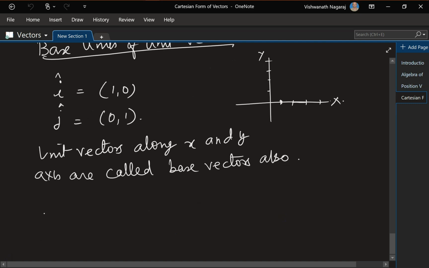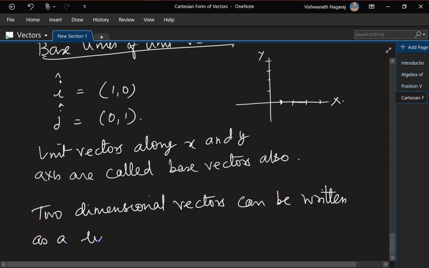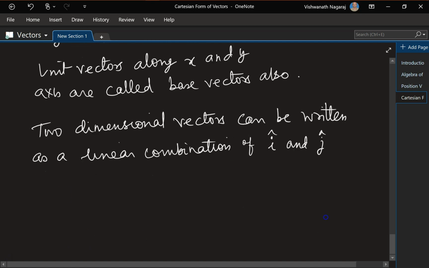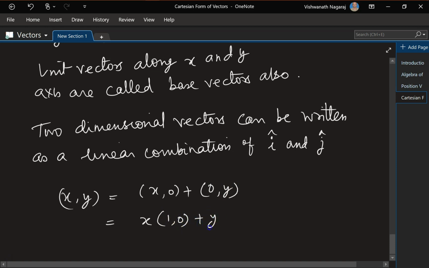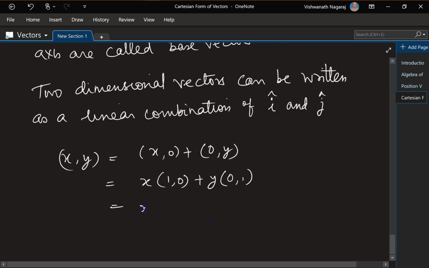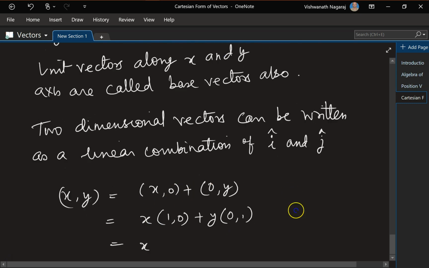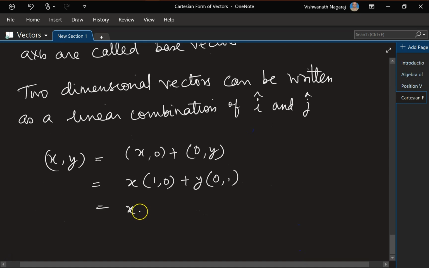Which means that two-dimensional vectors can be written as a linear combination of i and j. So if we have a point x, y, we can write it as x, 0 plus 0, y, or x times 1, 0 plus y times 0, 1. And 1, 0 is nothing but i. So we can write it as xi plus yj.